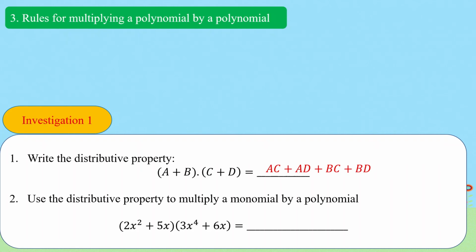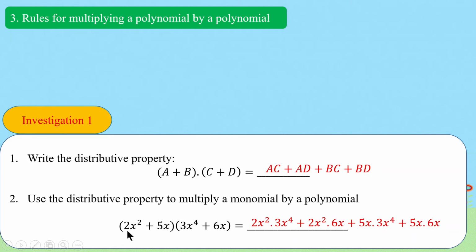You take the first term, multiply it by the first term of the second expression, and you do the same with the rest. It means AC plus AD plus BC plus BD. Now, you should use this distributive property to multiply a polynomial by a polynomial.